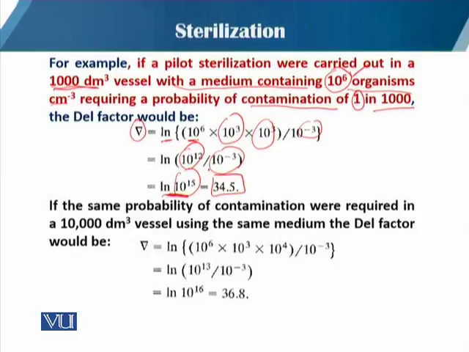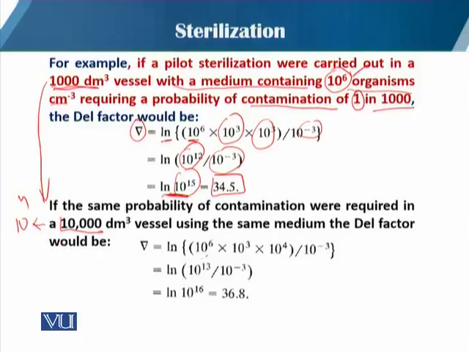Now if the contaminant probability is the same, and the volume is 10 raised to power 4 liters using the same medium, we are changing just 1000 liter to 10,000 liter.